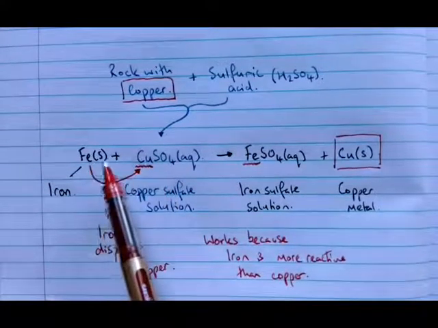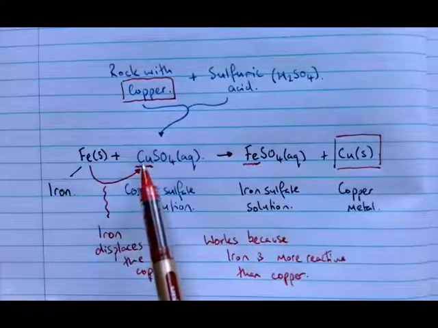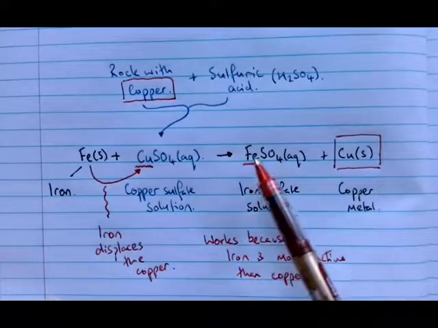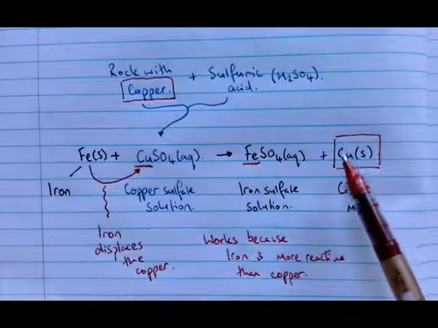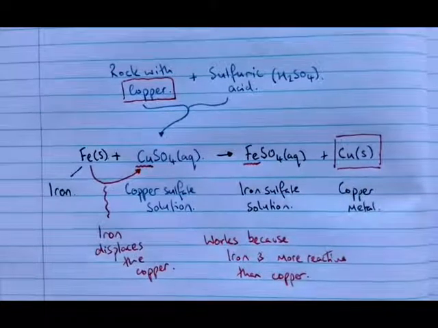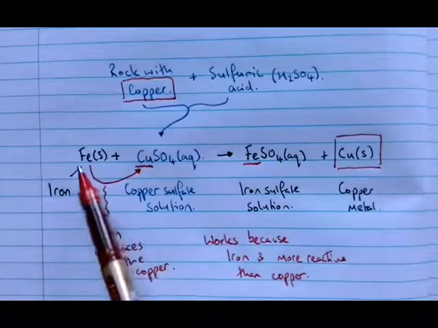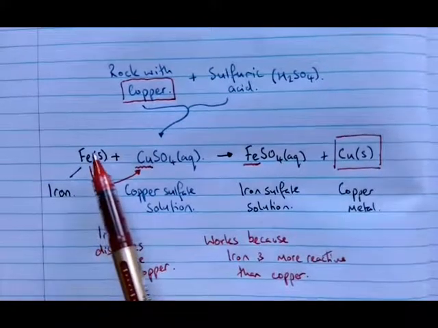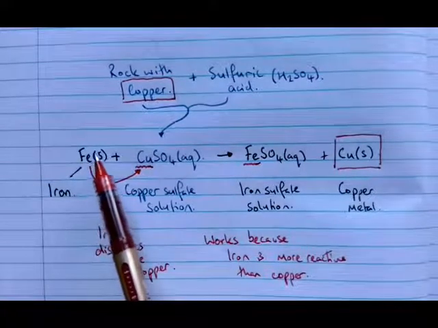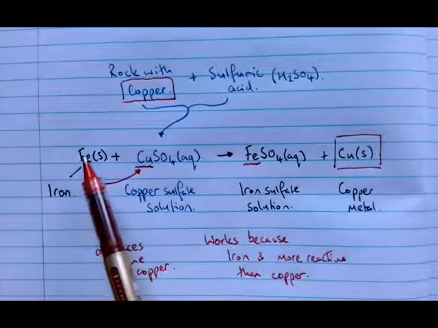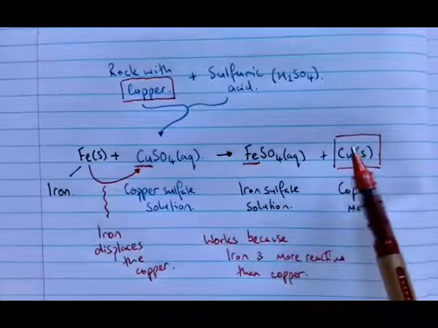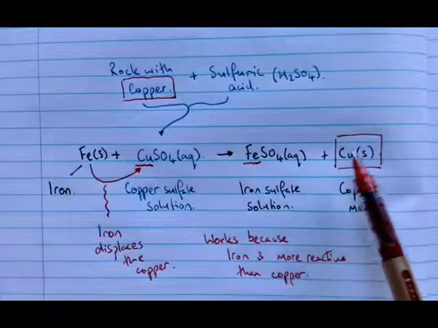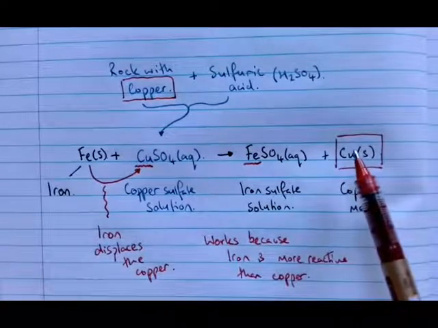It's more reactive than copper, so it's able to kick the copper out of the copper sulfate, take its place in iron sulfate, leaving me with just copper metal left over. And if you were to do this reaction, what you would see is the iron would slowly disappear. That nice silvery metal would slowly disappear, and then you would start to see the formation of copper. So a darker, browner metal would start to form.